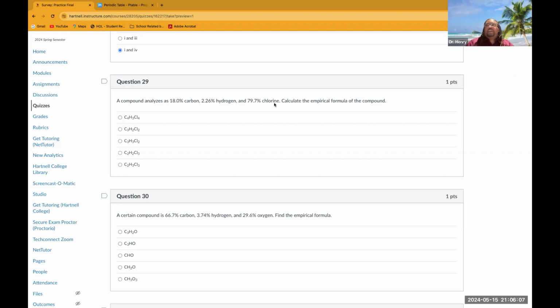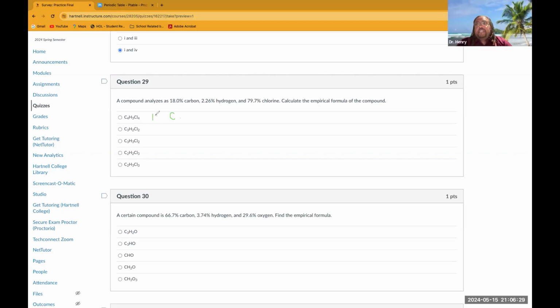Calculate the empirical formula of the compound. Well, we can assume 100 grams and then just divide everything by 100 grams.